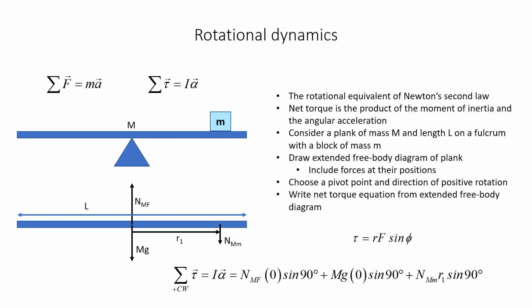Now we'll write a net torque equation from our extended free body diagram, using that the torque equals Rf sine phi. We've noted that the clockwise direction is a plus for the rotation.